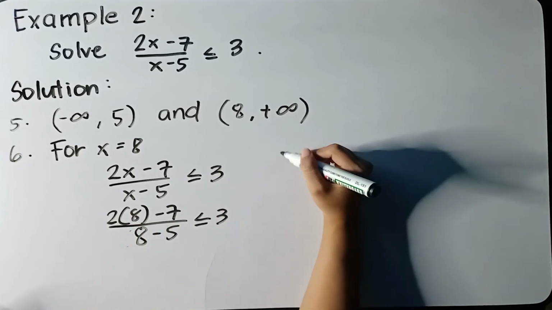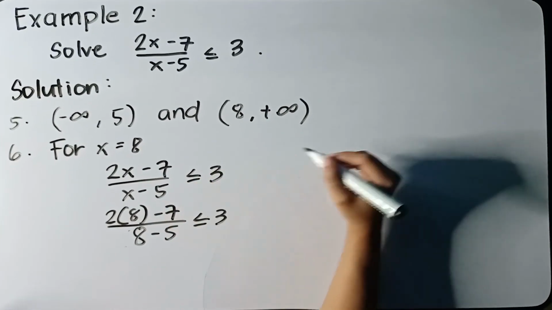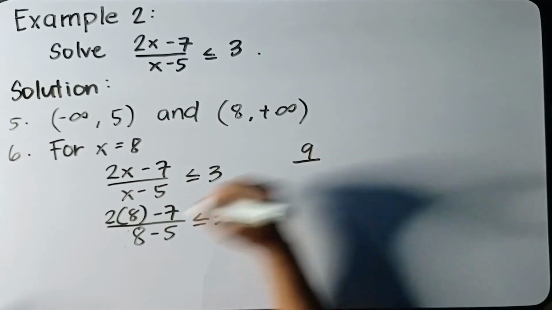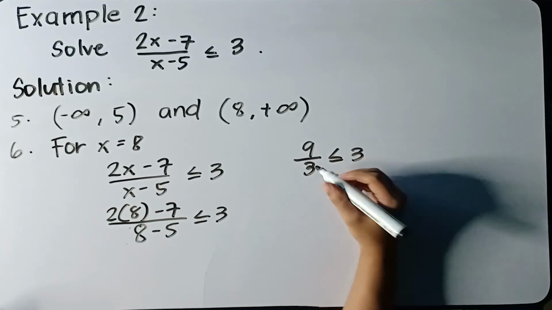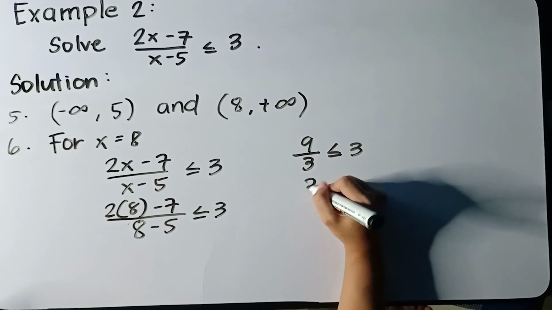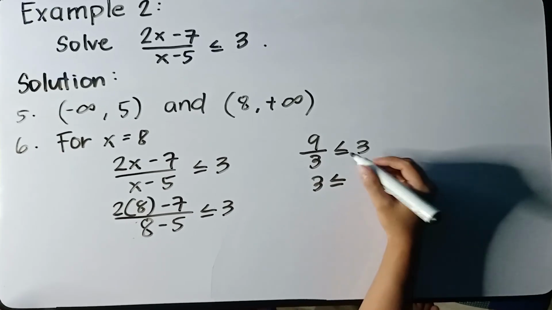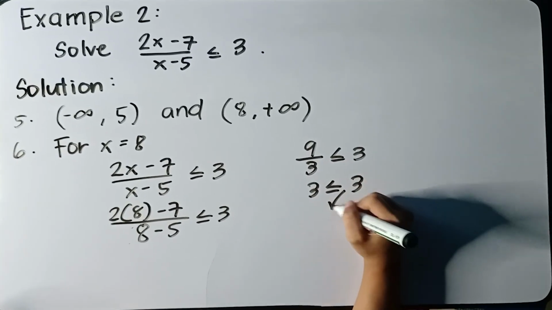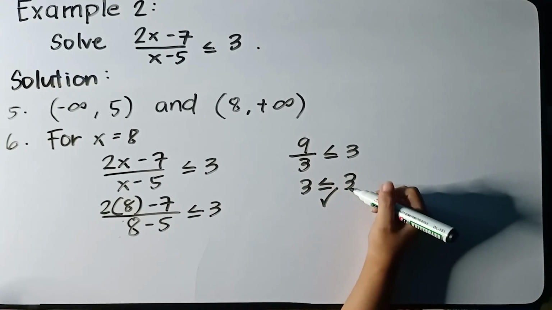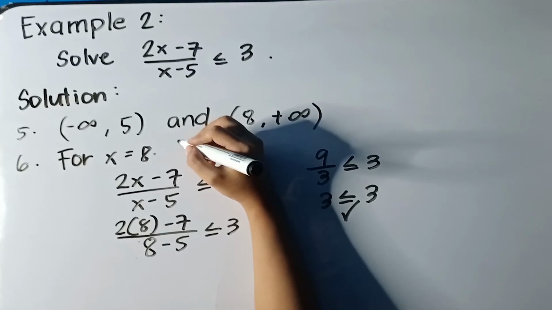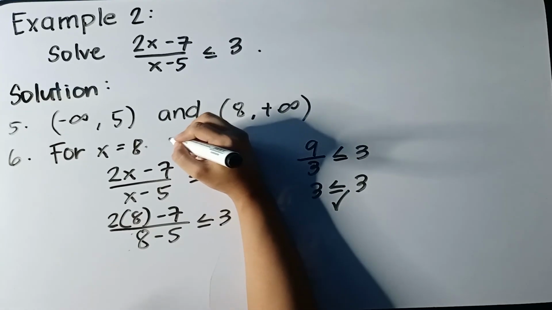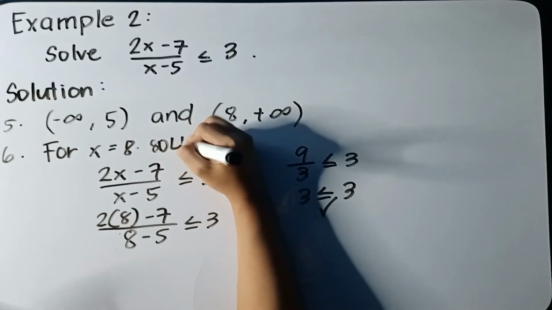So 2 times 8, that is 16, minus 7, that is 9, over 8 minus 5, that is 3, less than or equal to 3. So 9 divided by 3, that is 3, which is less than or equal to 3. So this inequality is correct. Meaning, 8, our critical point, is part of the solution.